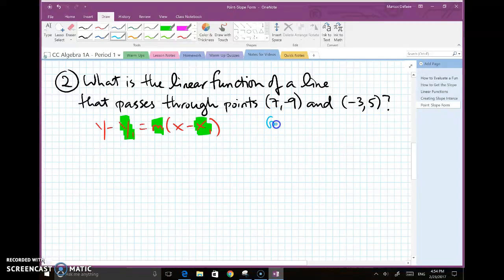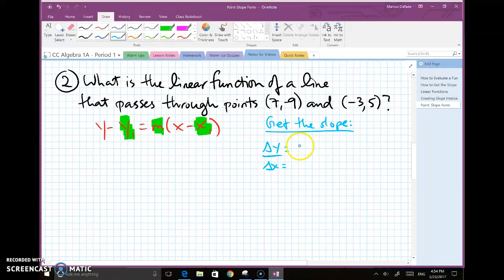So I'm going to get the slope. Okay, and to do this, I need to understand that this is about my change in y over change in x. So for my change in y, I can choose negative 9 to begin with, or I can choose the 5 to begin with. It really doesn't matter, but you have to pick one.